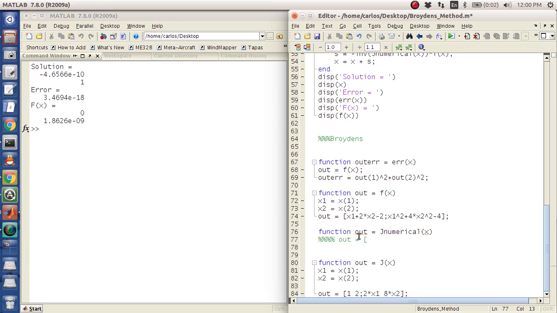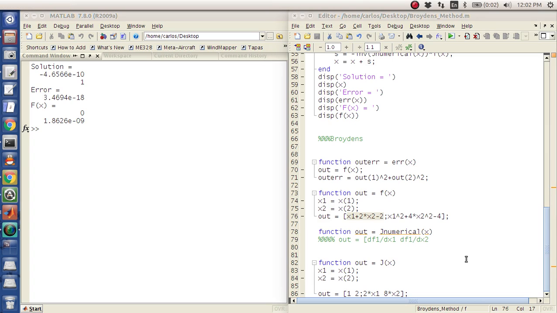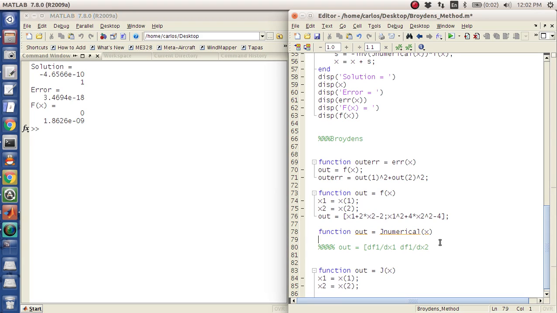So technically it's df1 with respect to dx1, and then df2 with respect to dx1. I'm sorry, no, it's df1 with respect to dx. Do I have this backwards? Hold on, give me 1 second. I'm losing my mind here. Okay, sorry about that. I have this right. So f of x is f1 semicolon f2.